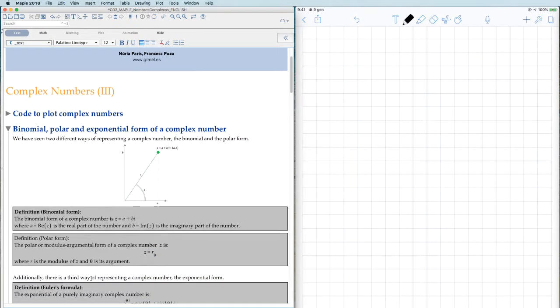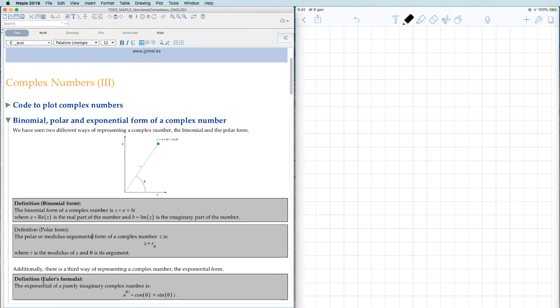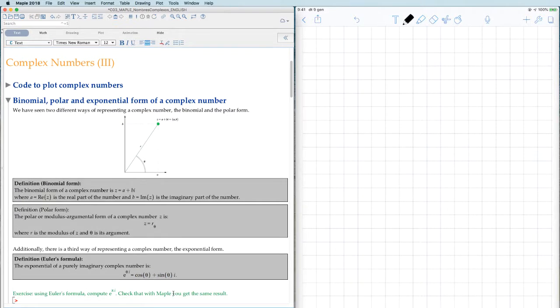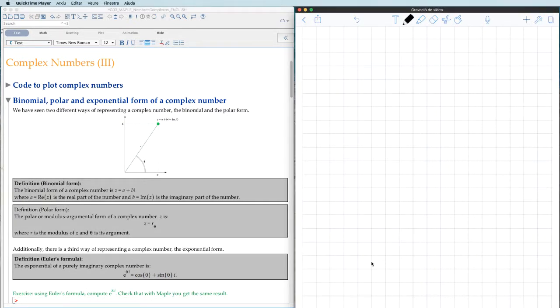In order to do the exponential form, we need to introduce Euler's formula, which tells us that if we have an exponential of a pure imaginary complex number, theta i, without real part, then this is equivalent to the cosine of theta plus sine of theta times i. Let's check this formula using this exponential. So we have e to the pi i.